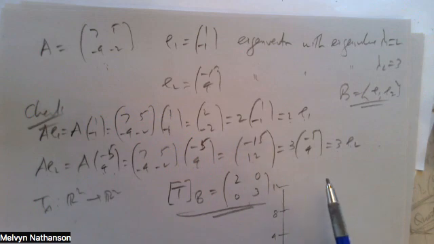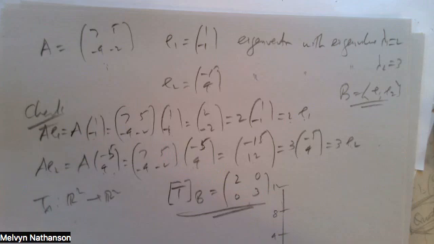So if I take the vector 1, minus 1, it gets sent to the vector, that's E1, 3 times that.